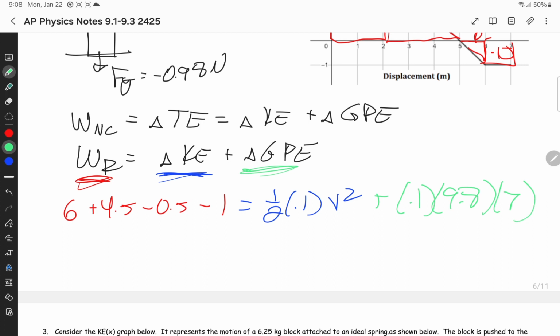And then there you go. Just go through, do your math. I'm going to skip the algebra. But if you solve this, you get 6.54 meters per second after you do the algebra.